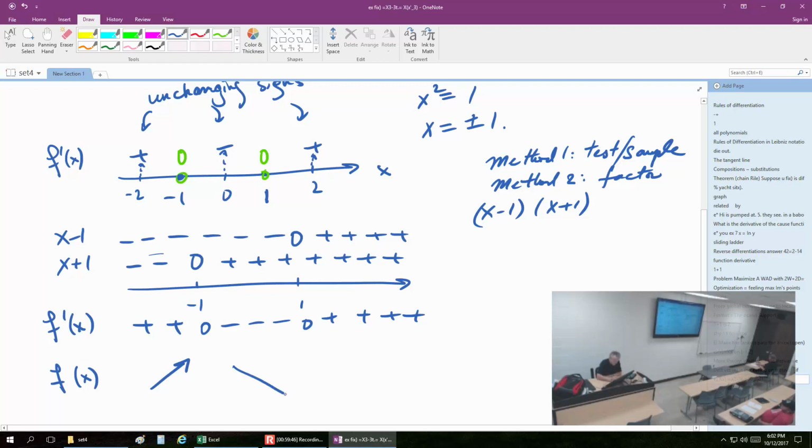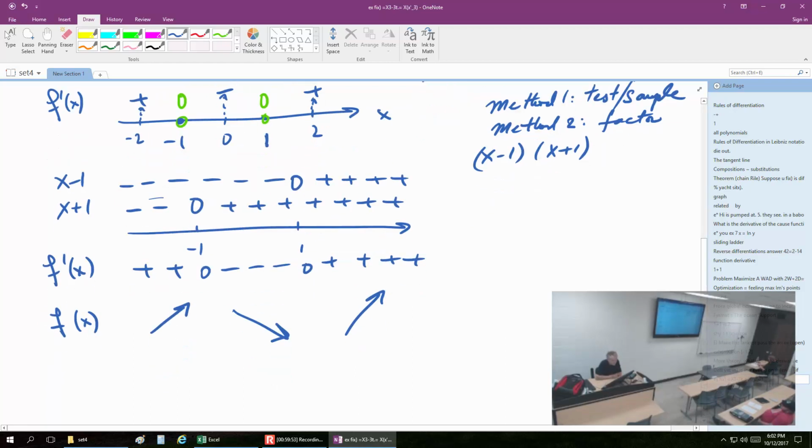Increasing, decreasing, increasing. Okay, and just these arrows. This is the standard way of presenting this behavior, or notation for this behavior. Taken together, this is already a sketch of the graph, right? You can just say this is it.